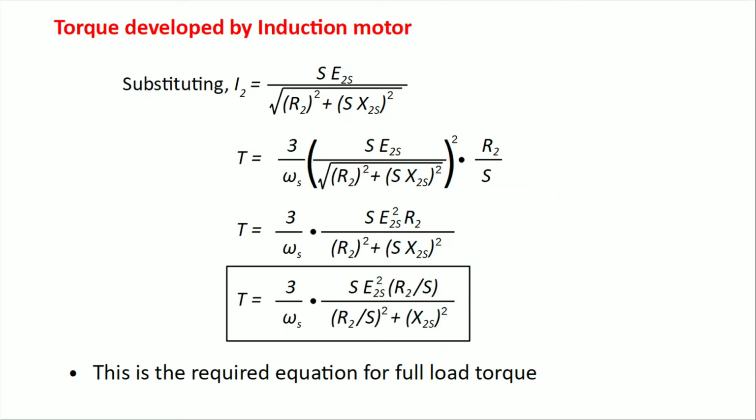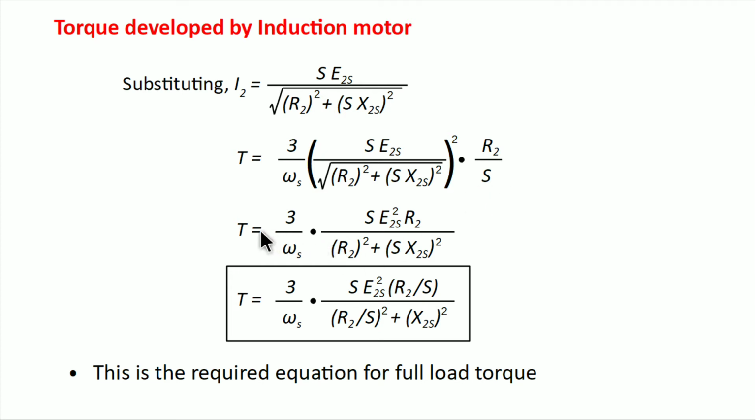What we get is 3 over omega S. In place of I2 we are writing S E2S over the square root of R2 square plus (S X2S) square, multiplied by R2 over S.